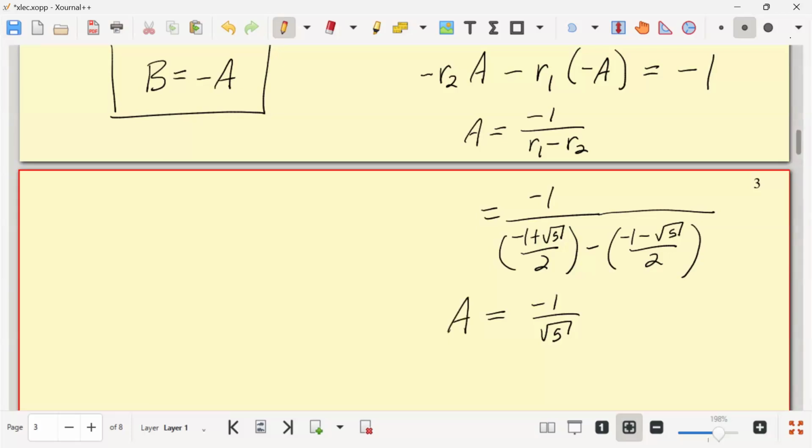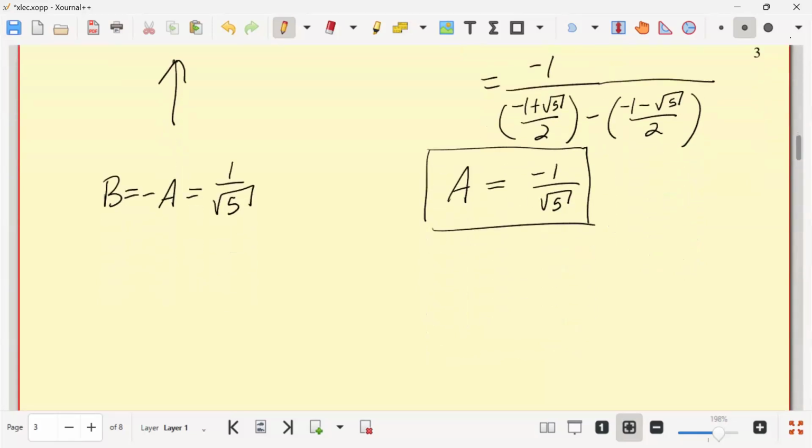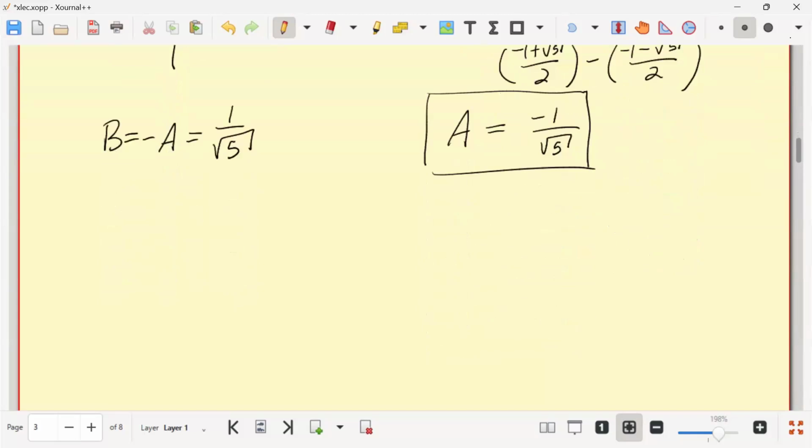Simple. And so from up here, the previous box for b, I get that b is equal to minus a, which is equal to plus 1 over the square root of 5. That's neat. And so now I have a nice formula for my function in terms of simple things.